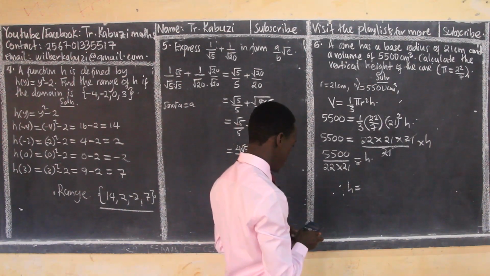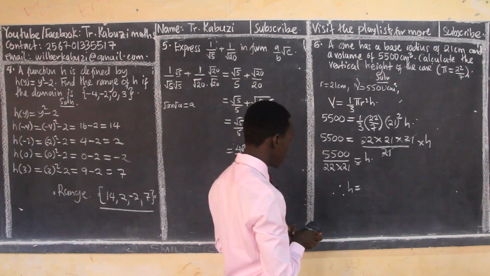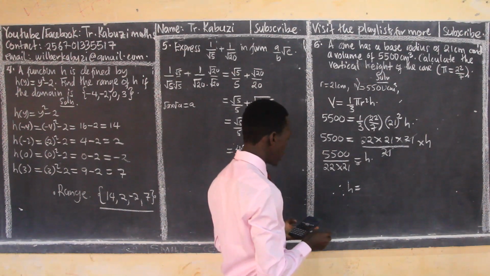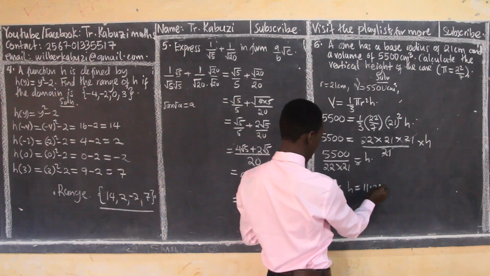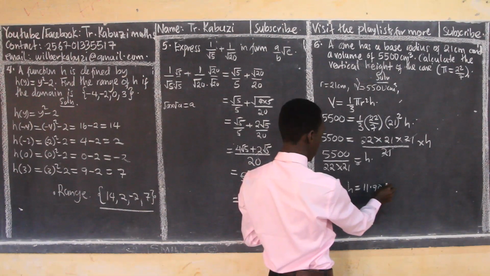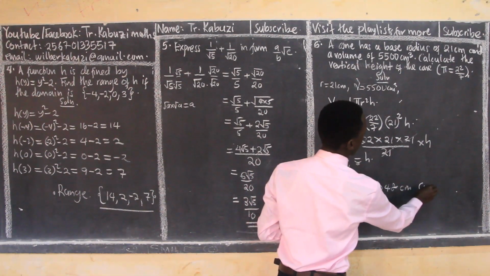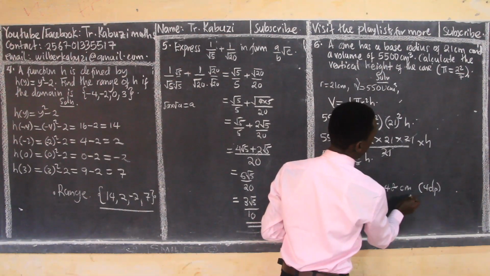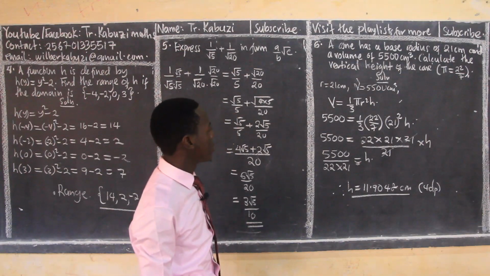So we will be having 11.9048 centimeters. I show that I'm giving these 4 decimal places. That's how we're supposed to get that one.